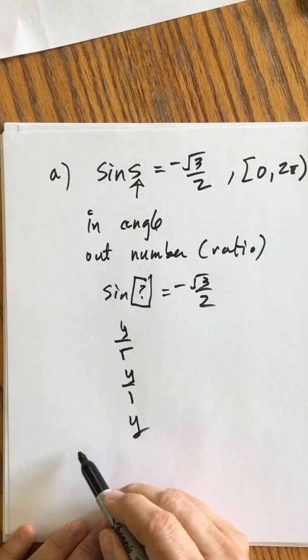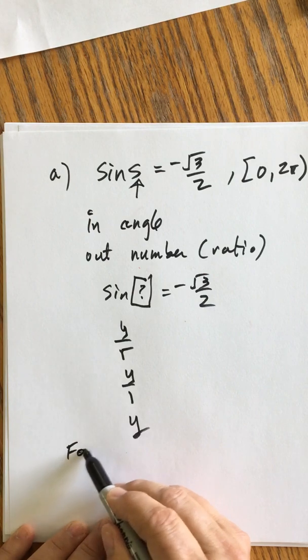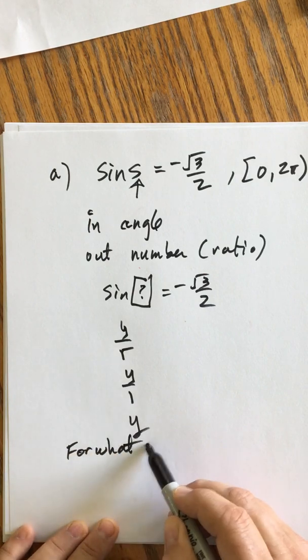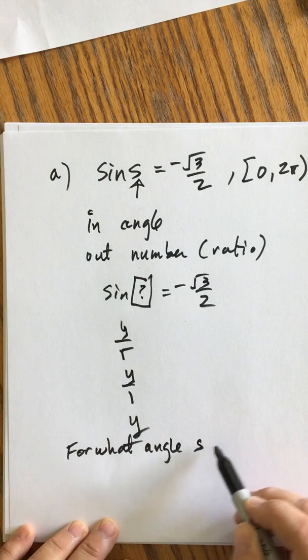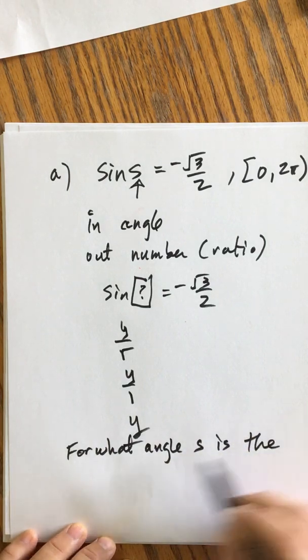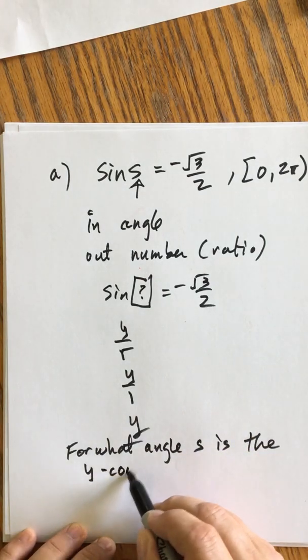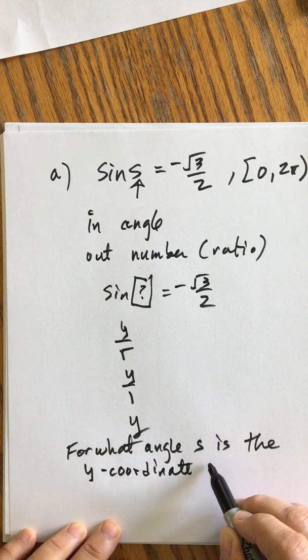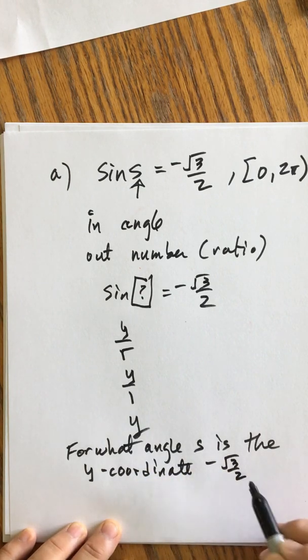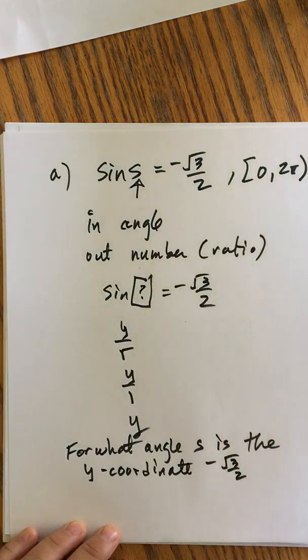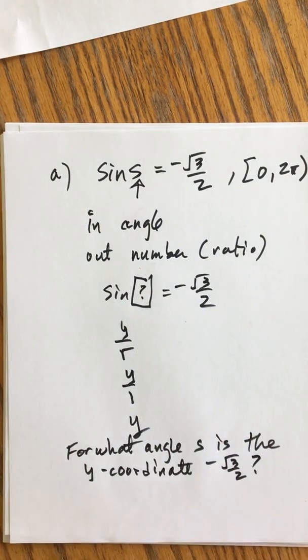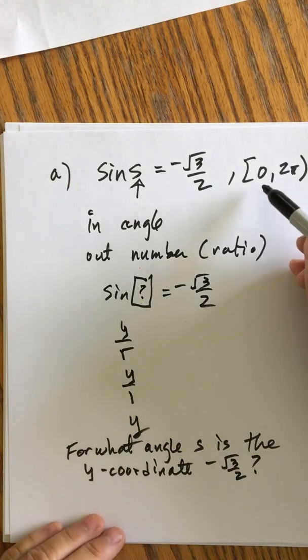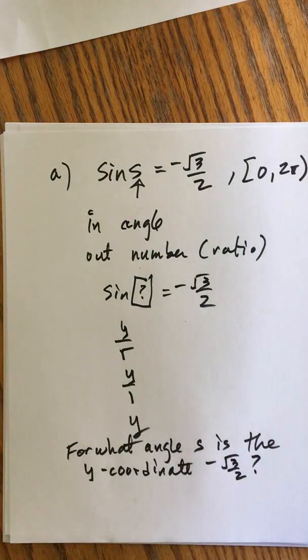So what I want is, for what angle S is the y coordinate negative square root 3 over 2 on the unit circle. That's the question we're really looking for. And where am I allowed to look? Between 0 and 2 pi, not included.